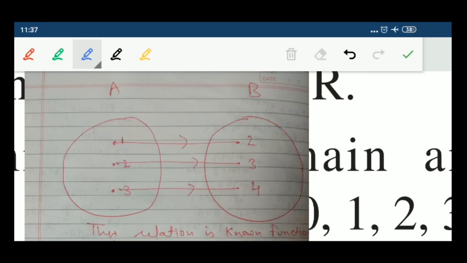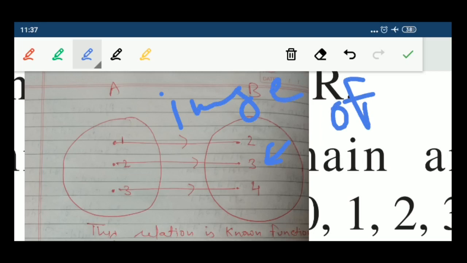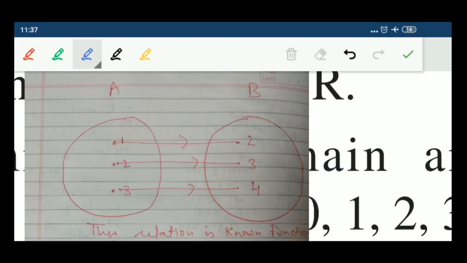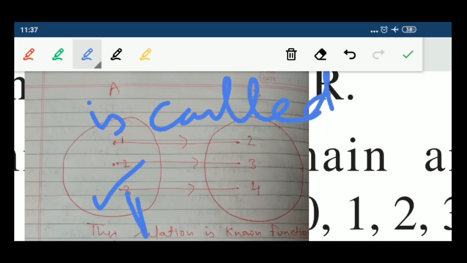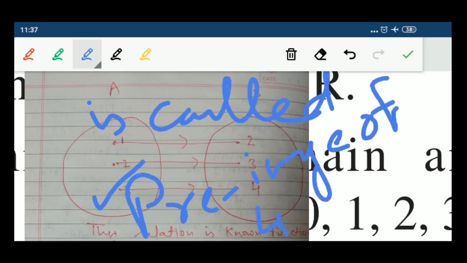And this 3 is called the image of 2. In the same way, 4 is the image of 3, and this 3 is called the pre-image of 4.